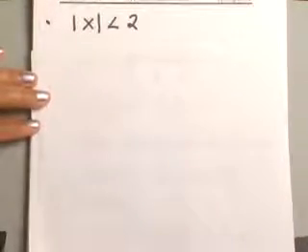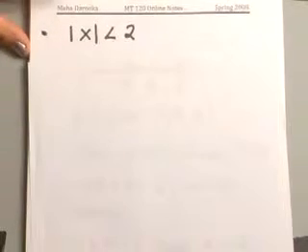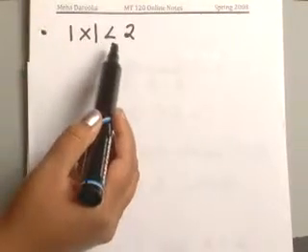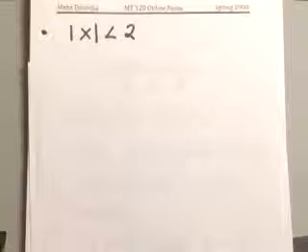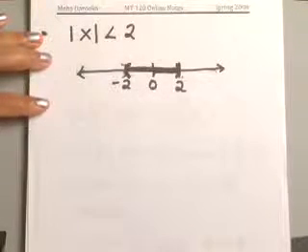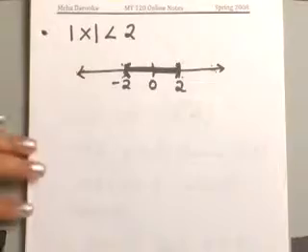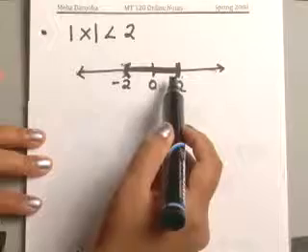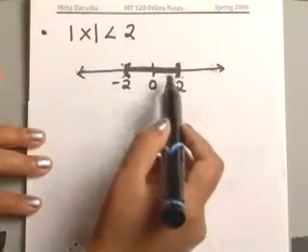Now let's look at what if we had absolute value of x less than 2. What would that represent? Let's say we have something of this form: absolute value of x less than 2. In this case, we're talking about what values of x will have a distance less than 2. If you look at it graphically, any number which is between 0 and 2, not including 2, will have a distance of less than 2.